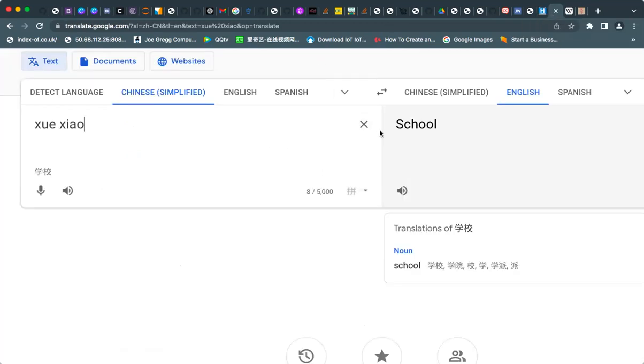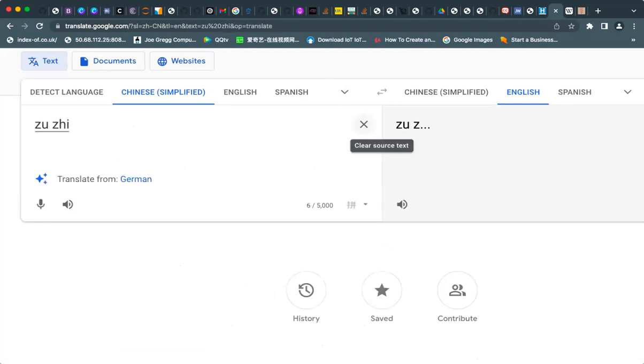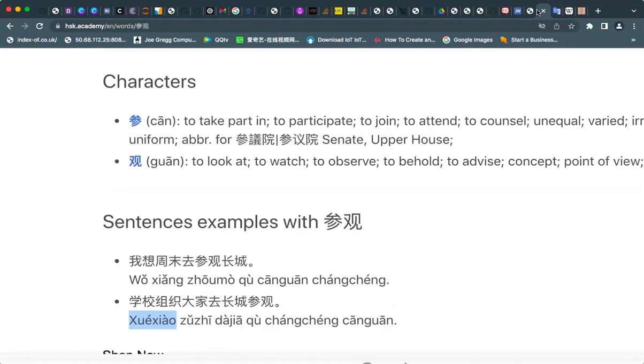So the second character is an organization, right? So it's like a school. So it's part of the school, no? School organization and student. So dajia. Dajia is that is big and what is jia?